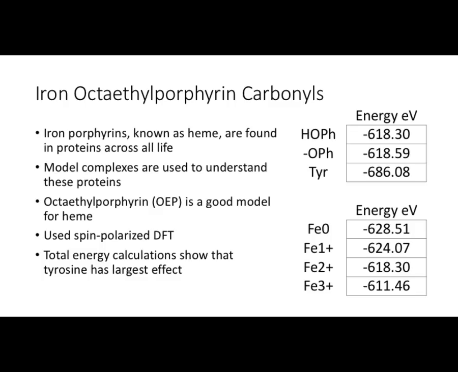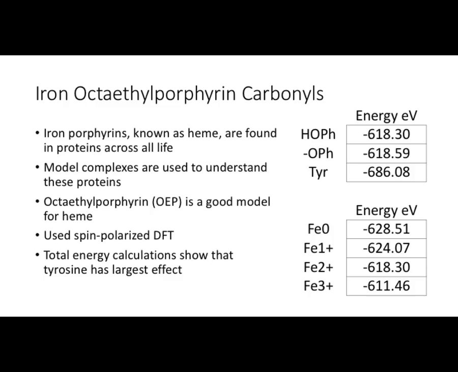So over here, we can see the energy in eV as calculated by DFT, where the phenol is ligated to the iron porphyrin with the carbonyl on the opposite side. Carbonyl is just there to make sure that it's, A, low spin, because it's a very strong field ligand, and B, a sixth ligand so that the iron is in an octahedral electronic geometry. It's easier to calculate that way.